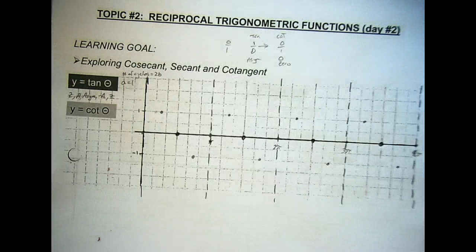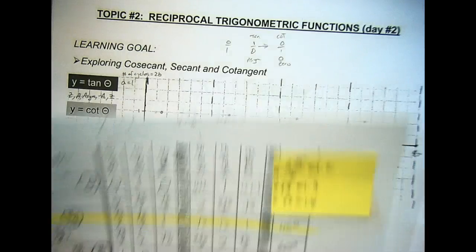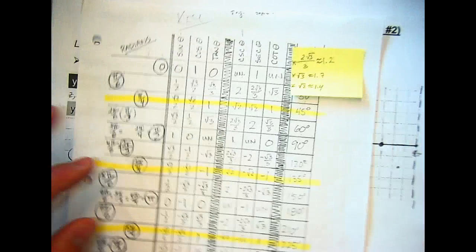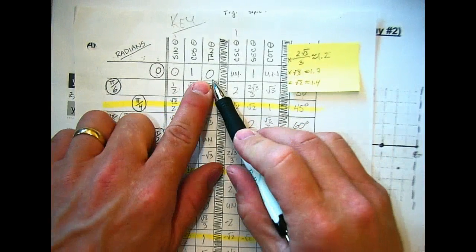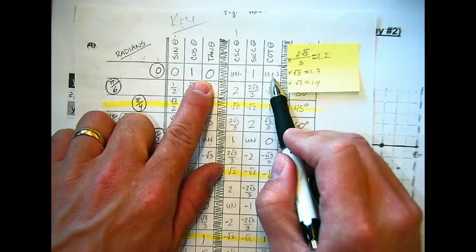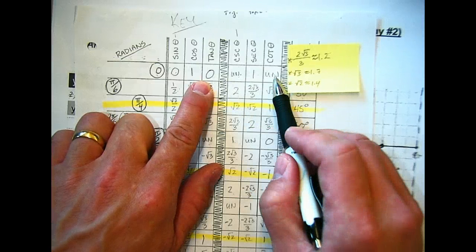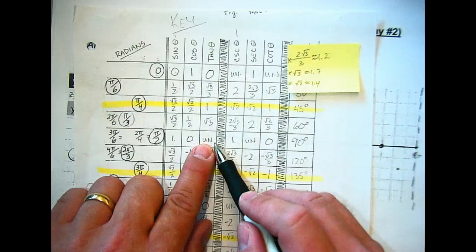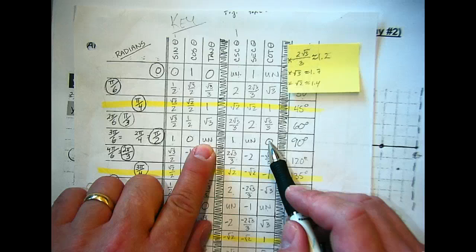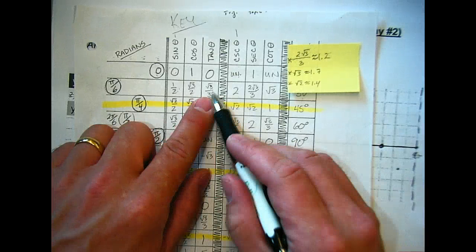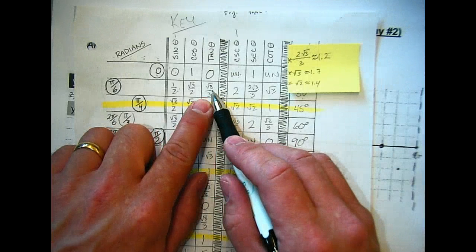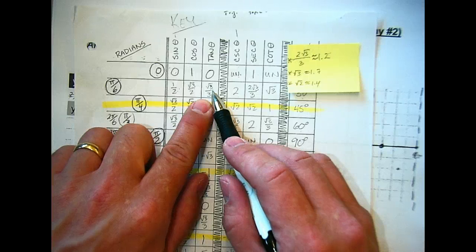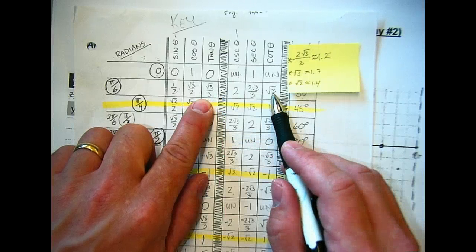Okay. So you'll notice now if I look at this table, when I'm looking at tangent, cotangent's undefined when tangent's 0. When I look at undefined for tangent, my asymptote, cotangent's 0. We just established that. When you had root 3 over 3 for tangent, cotangent was root 3.